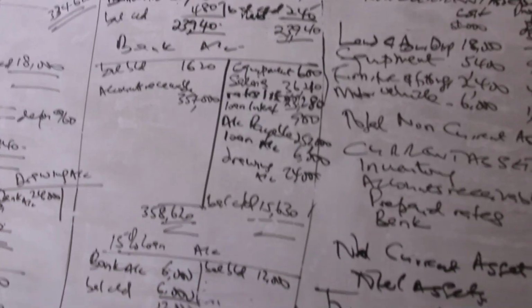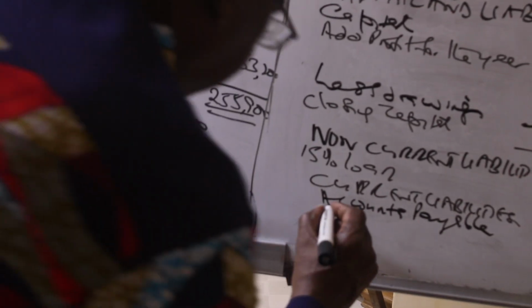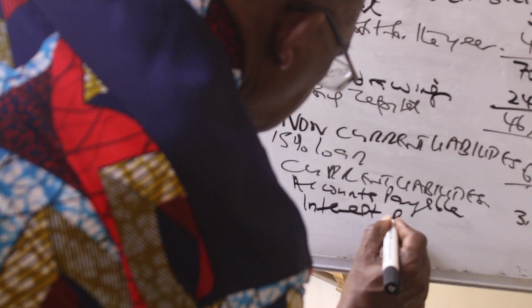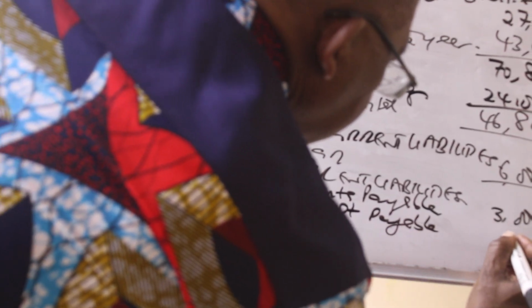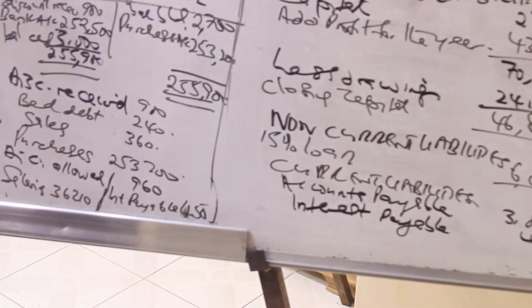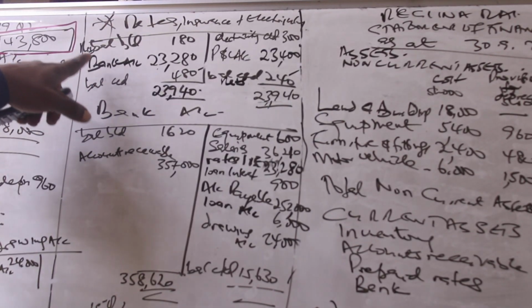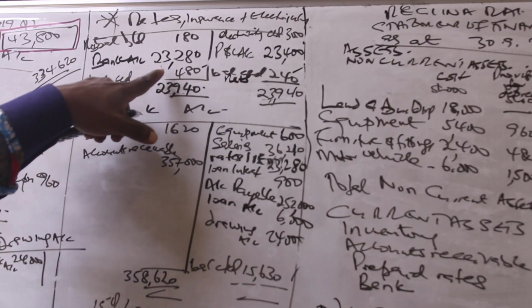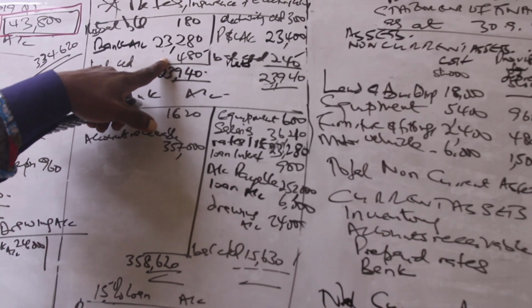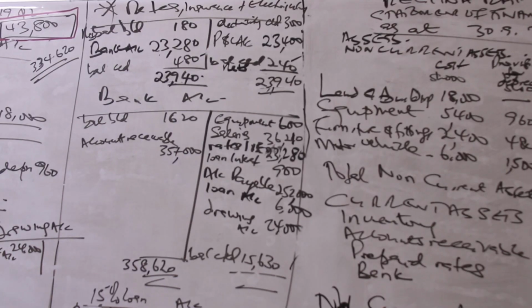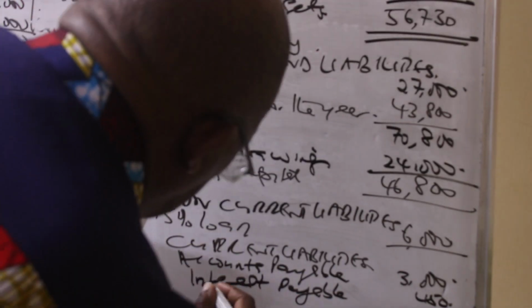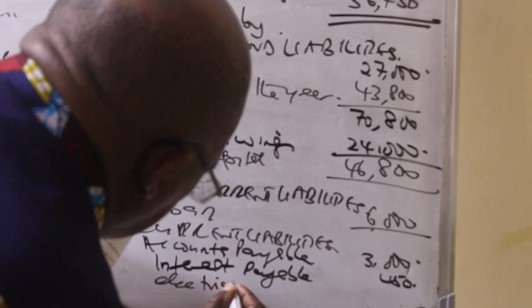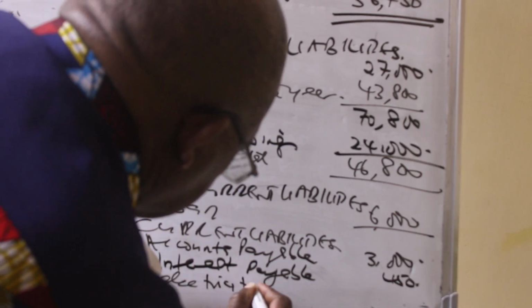We also have interest payable of 450. We also had electricity payable of 480, accrued electricity, which is the last item in the list of assets and liabilities.